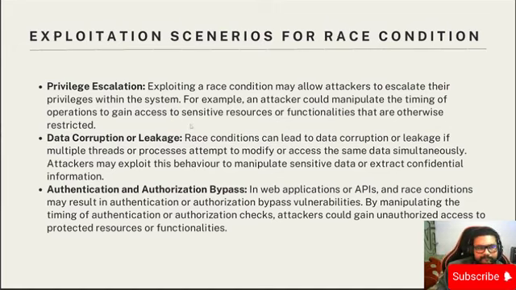Suppose there is an update email address feature. You proxify the request, manipulate your email address with some victim's address, and multi-thread that request, sending your account request and the victim request at the very same time. So you perform a race condition.